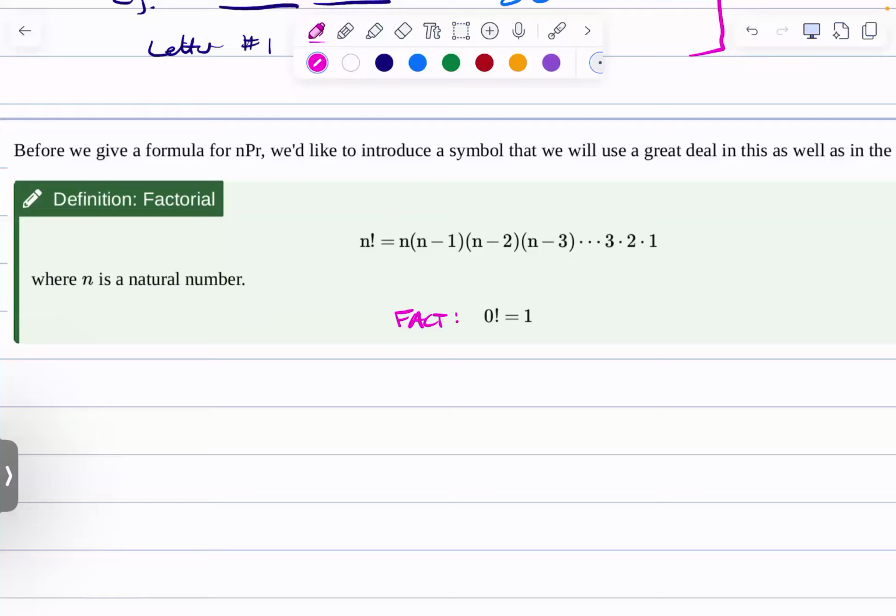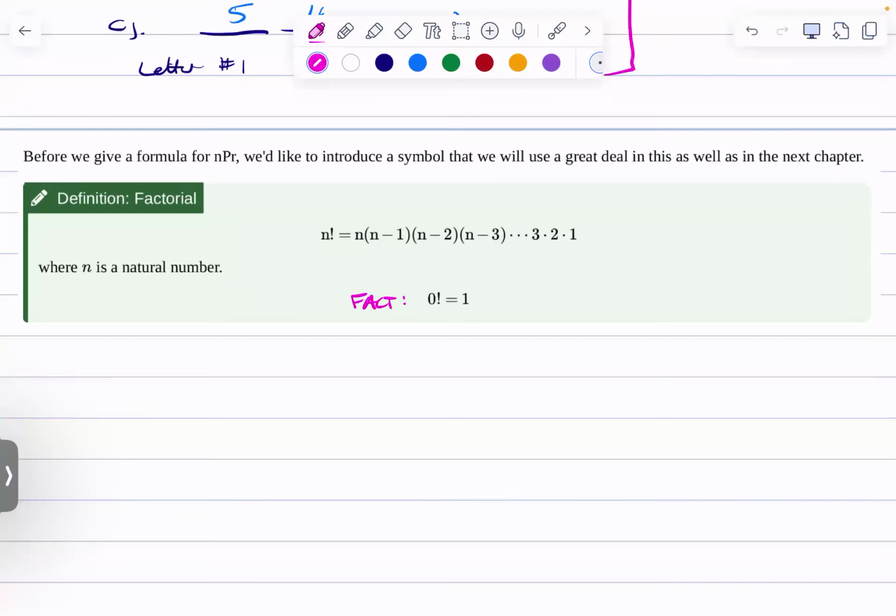So we've seen the factorial, and many calculators have a factorial button, which you can try to find if you want to.